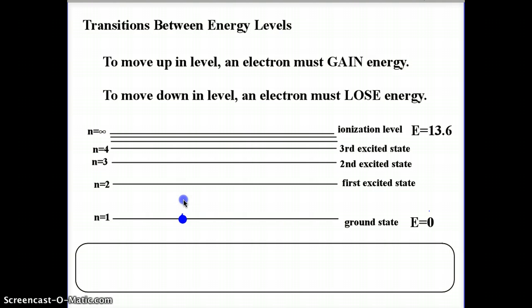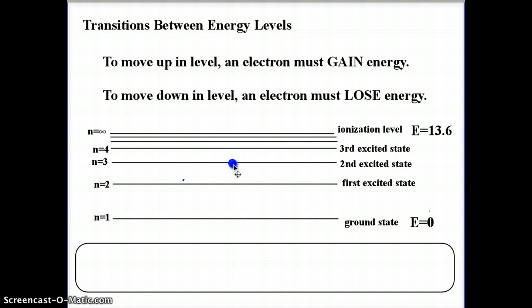If it wants to move up, it has to gain energy. It can't just go from 0 to this one's 10.2 volts just magically. That's conservation of energy. Energy is just not created. It has to get energy from someplace.